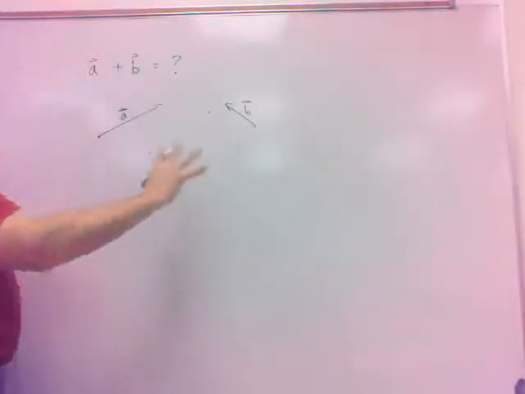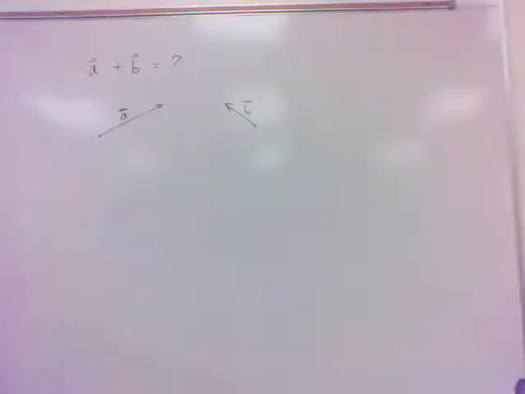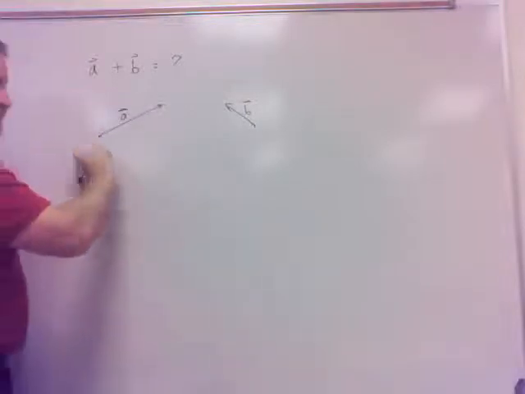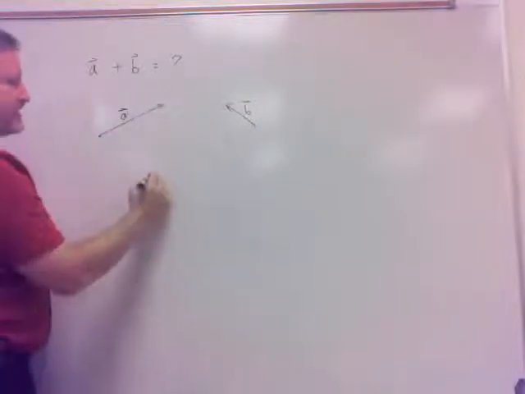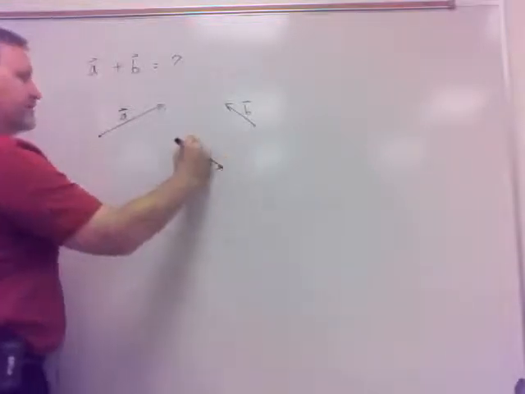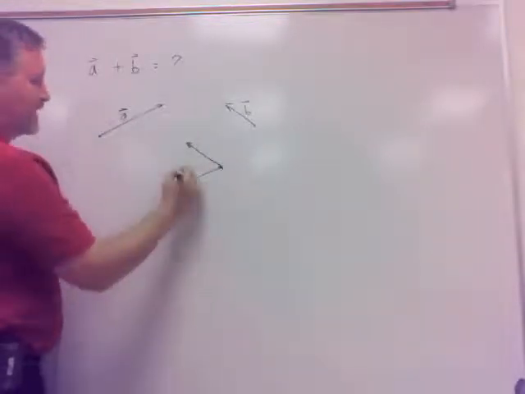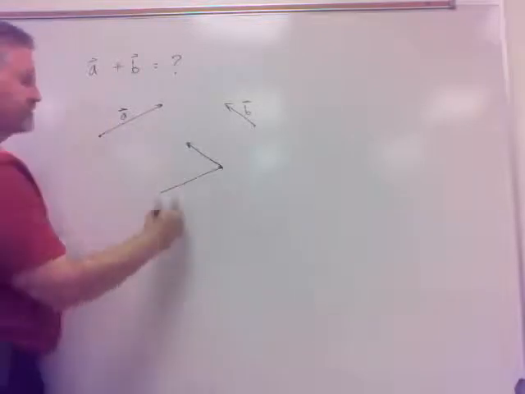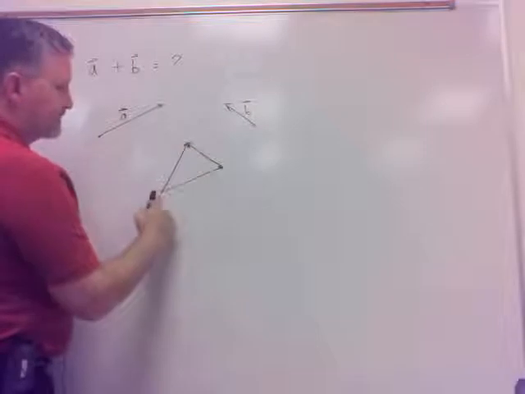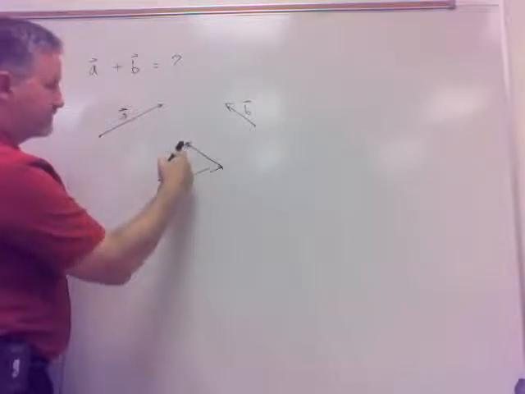As far as the geometric interpretation is concerned, you connect them initial point to terminal point. For A plus B, here's A, then we put B starting at its terminal point. On adding, you can switch those around. So the resulting vector is from the initial point you started with to the terminal point of the B.